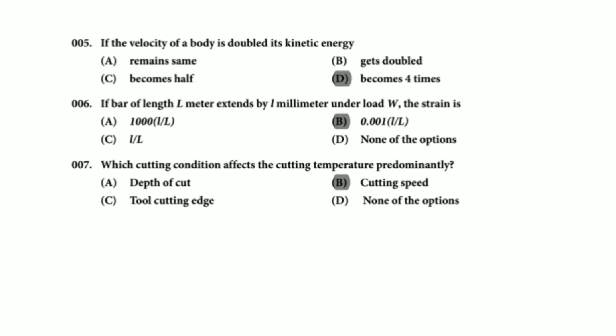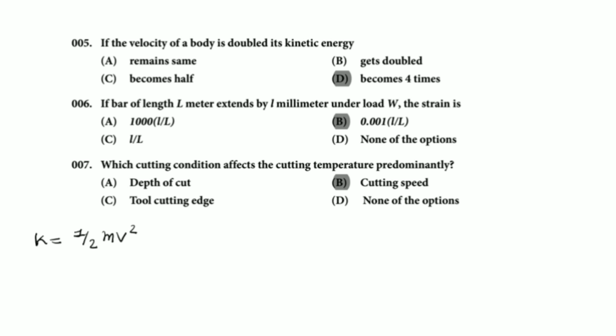Let's move to the question number 5. If the velocity of a body is doubled, its kinetic energy. So it's a very simple question, if you know the equation of kinetic energy, then K is equals to 1 half mv square, right?